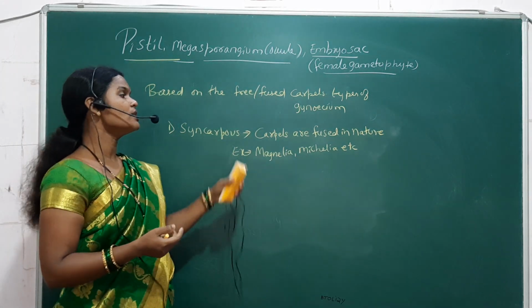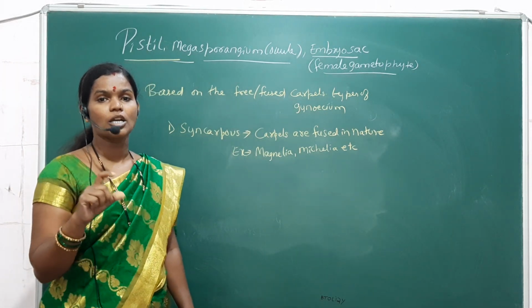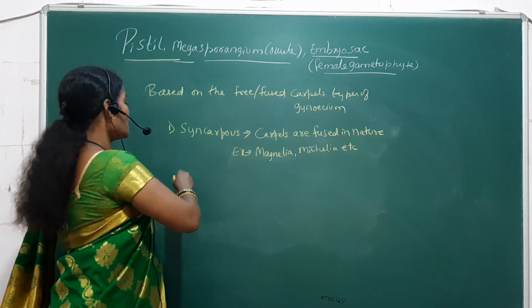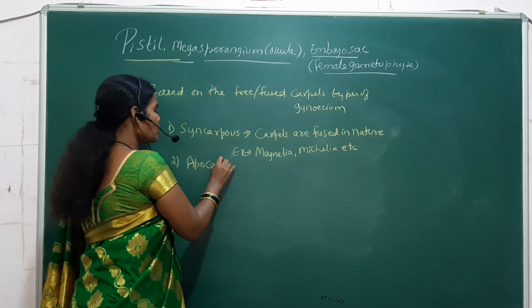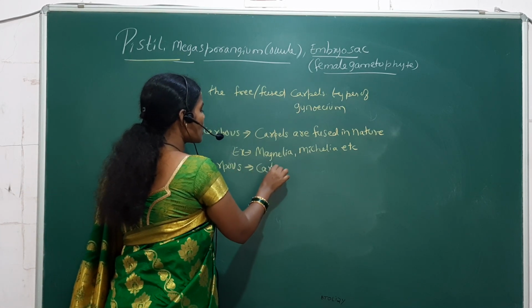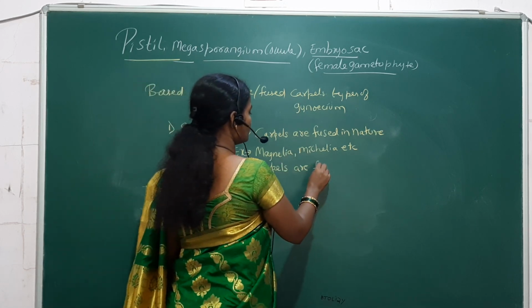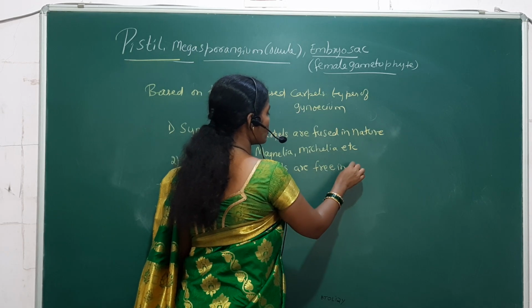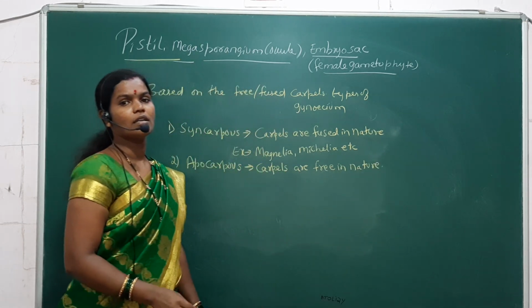When the carpels are fused in nature, it is called syncarpous. And the second one is apocarpous. Apocarpous means carpels are free in nature.